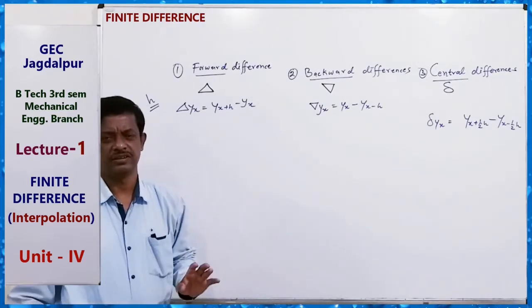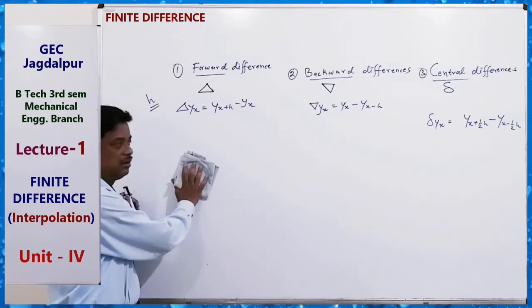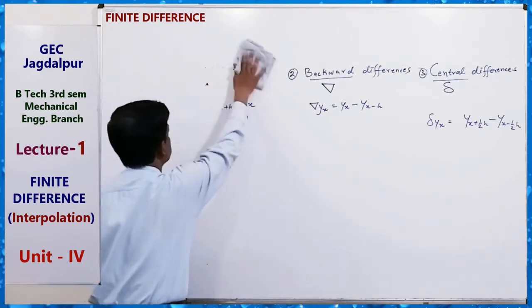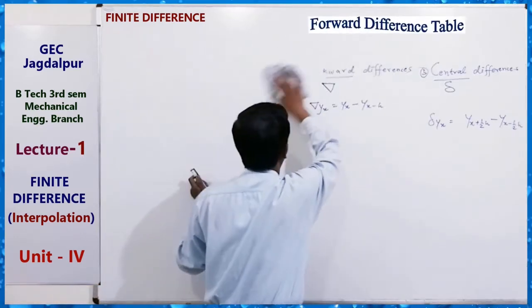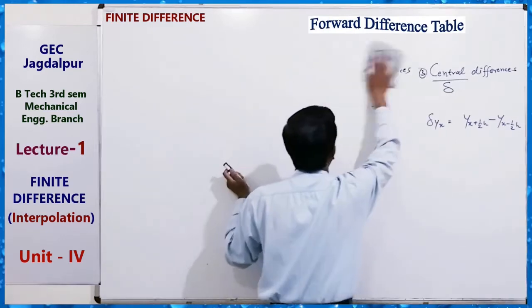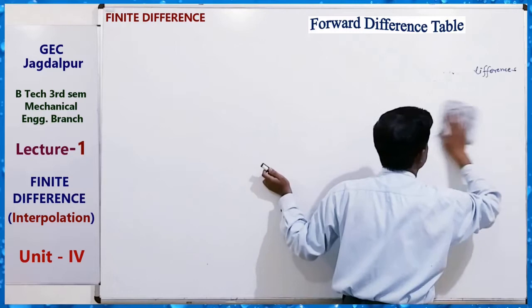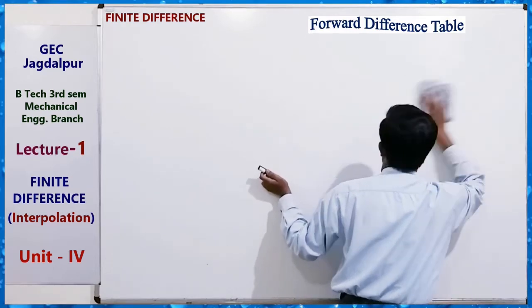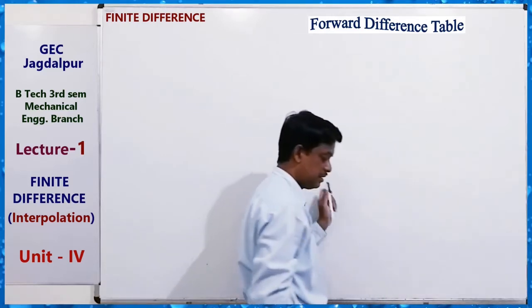Very simple, just see its notation. So just understand the process of making the table and how we can find a particular difference from the table. Clear?